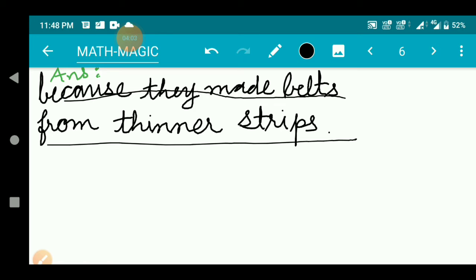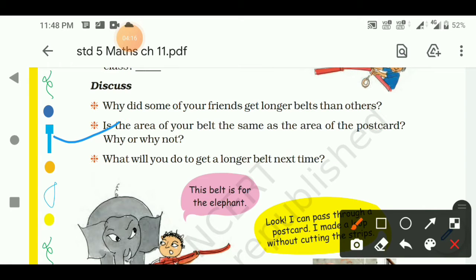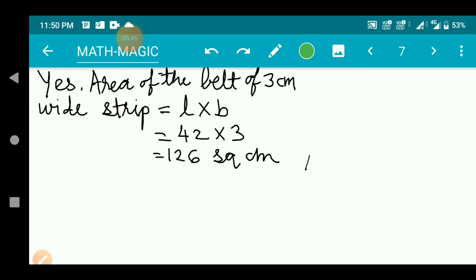Proceeding further, is the area of your belt the same as the area of the postcard? Why or why not? Yes, the area of my belt is the same as the area of the postcard.